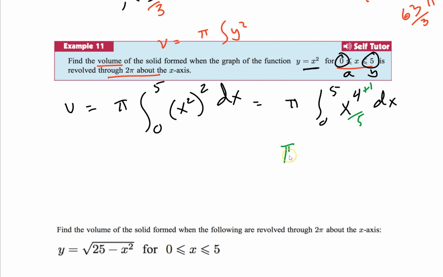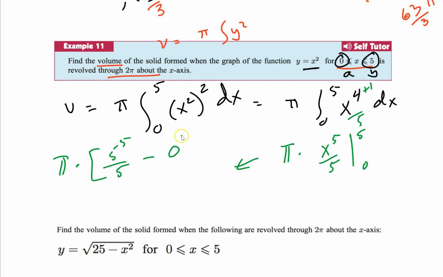So I'm going to get pi times x to the 5th over 5. Now again, we have limits, 0 to 5. Then we plug in top minus bottom, so pi times 5 to the 5th over 5 minus 0 to the 5th over 5.